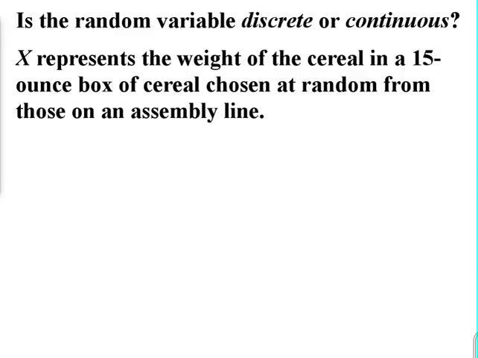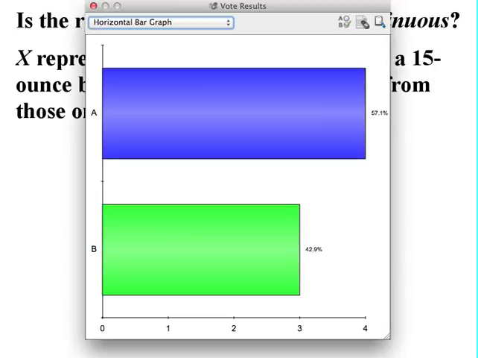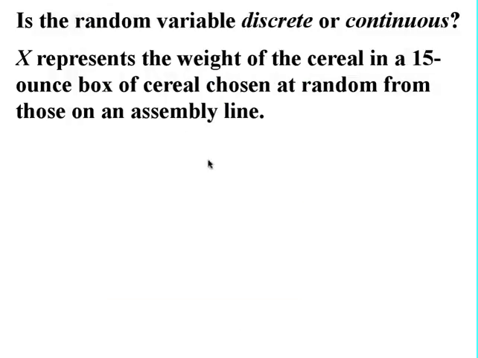The answer is actually B, it is continuous, because you're not going to have a set number, it's just chosen at random. It's not going to be exactly 15 or 14 ounces, it's going to be some value in between.